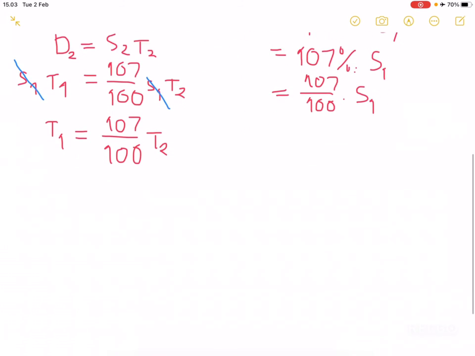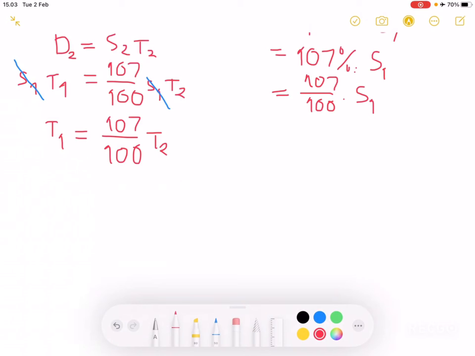And first we must isolate this t2, so we must get rid of this fraction out of the way. Now you may just multiply by 100 on both sides first to see what we will get. So on the left hand side we will have 100 t1 is equal to 107 t2.